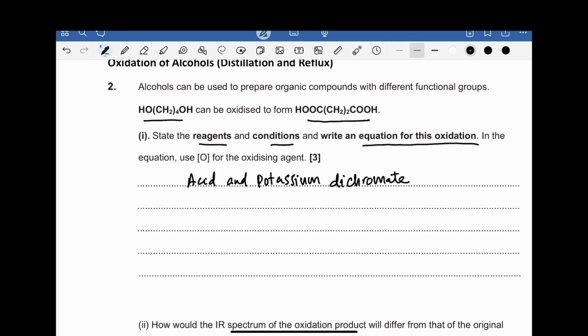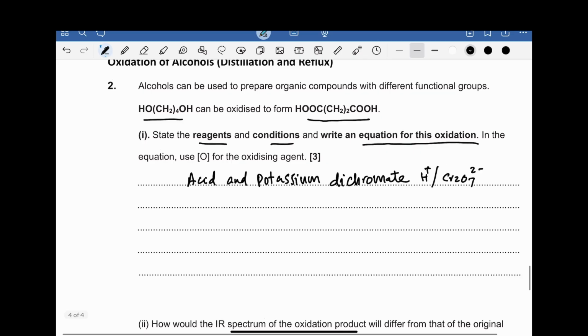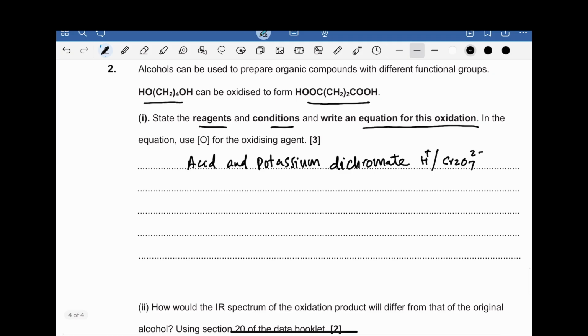We can write it H plus, Cr2O7 2 minus. The condition we need is reflux, and we can write down the overall equation.